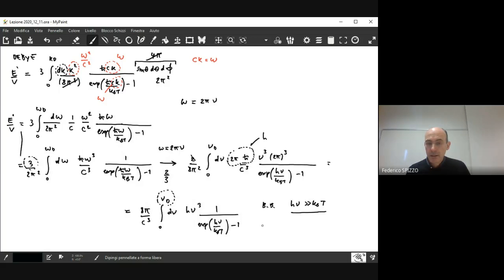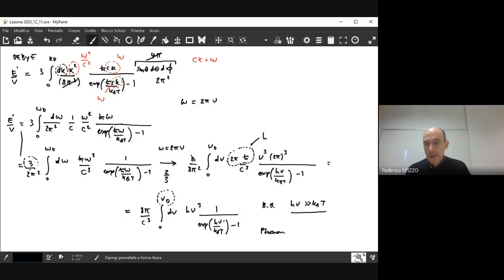If we consider the phonon system, in the phonon case, regarding the evaluation of the specific heat, the problem was at low temperature, because at low temperature, the classical result was not fine. Now, what happens at low temperature?